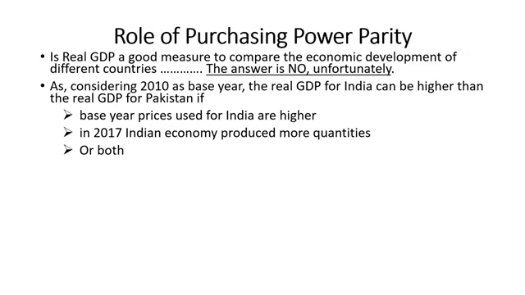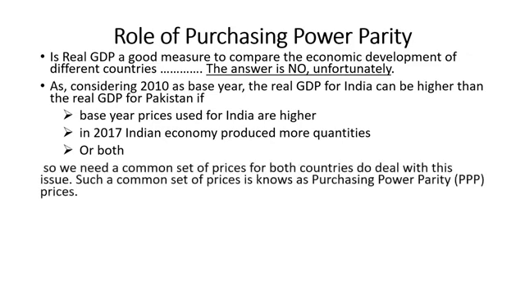Therefore, to compare GDP across countries, we need a common set of prices for both countries so that the issues of different prices across the countries may be resolved. Such a common set of prices is known as purchasing power parity prices.